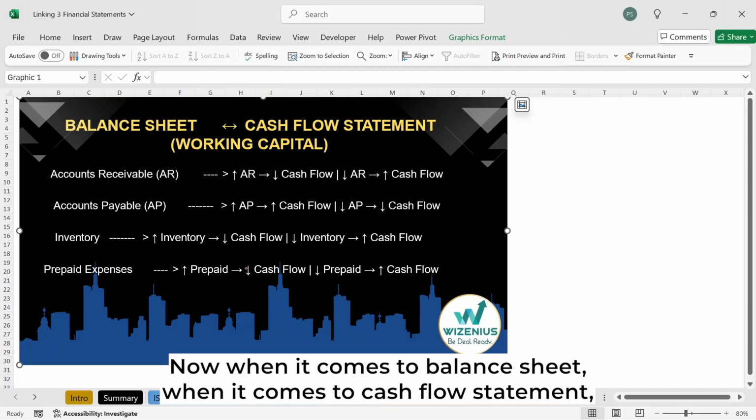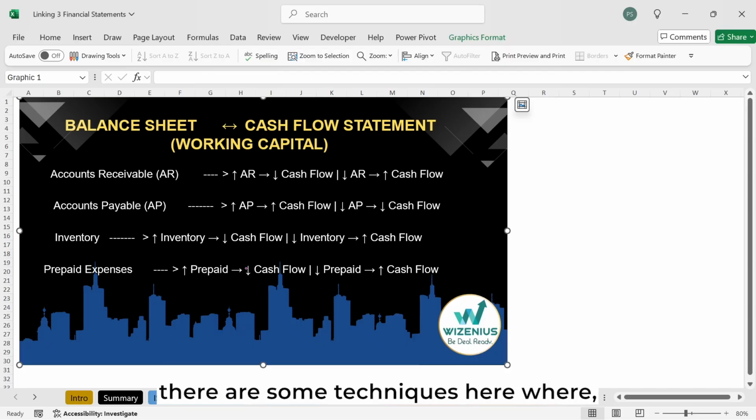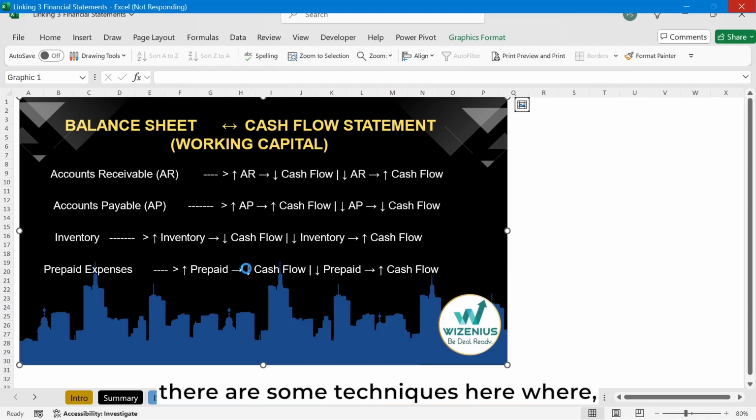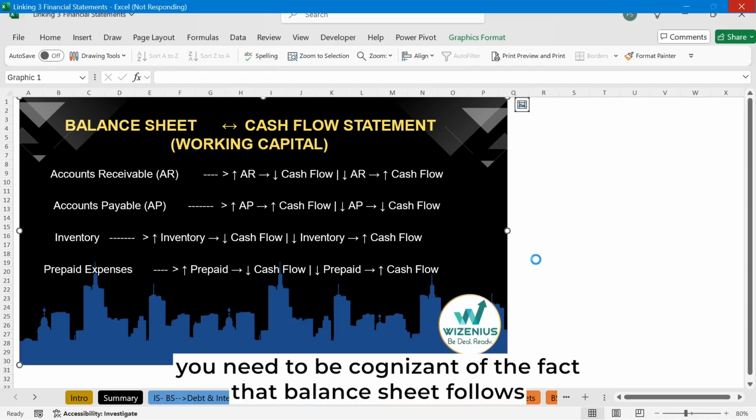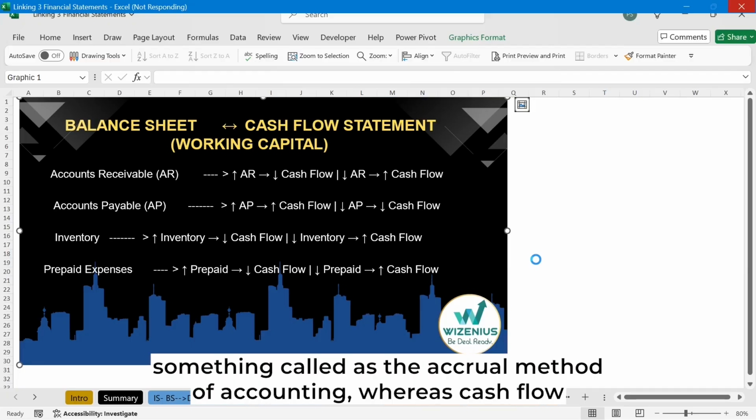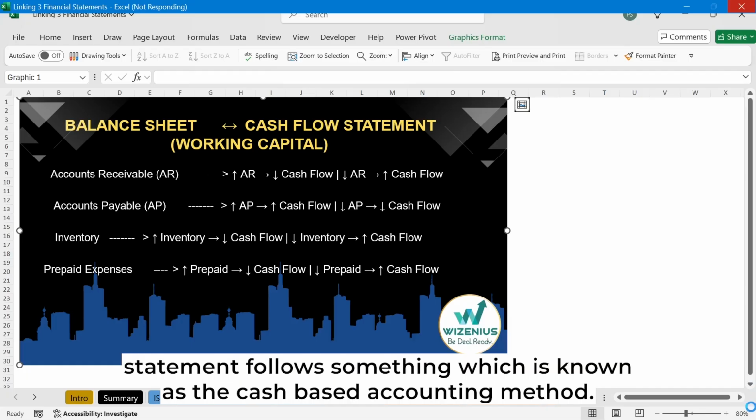Now, you need to be cognizant of the fact that the balance sheet follows the accrual method of accounting, whereas the cash flow statement follows the cash based accounting method.